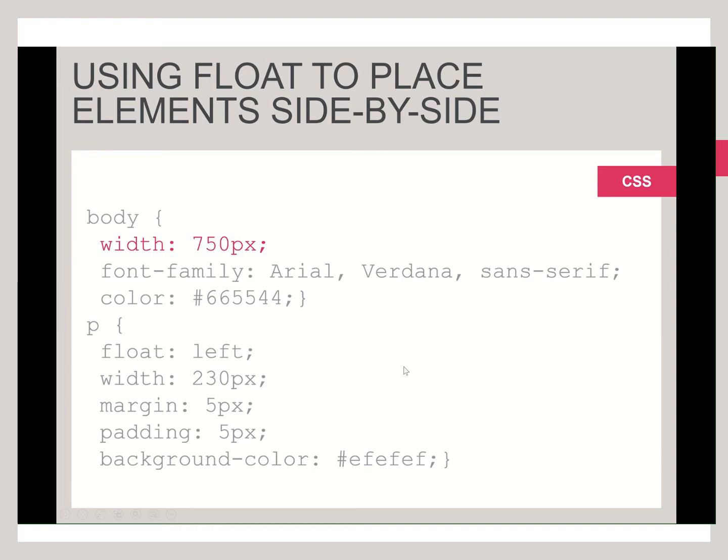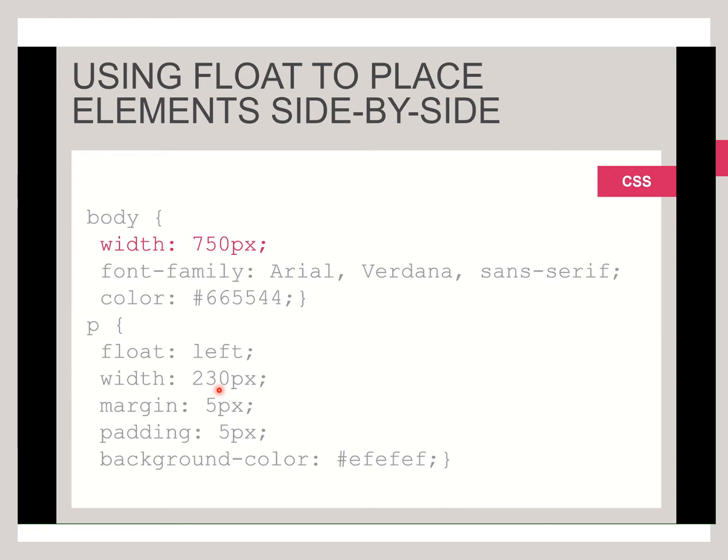And then we define the body width as 750 pixels. Why do we define it this way, 750 and 230 pixels? The width is 230 pixels, and the margin is 5 pixels on both sides, so this is around 240.